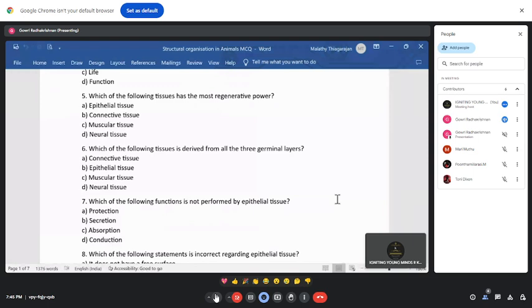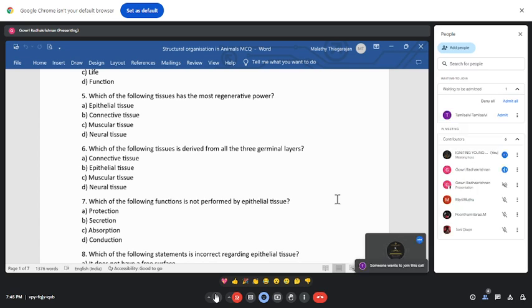When a nerve gets cut or injured, does it get repaired? Not very fast. No, nerves cannot be repaired. If a nerve gets cut, it cannot join again.